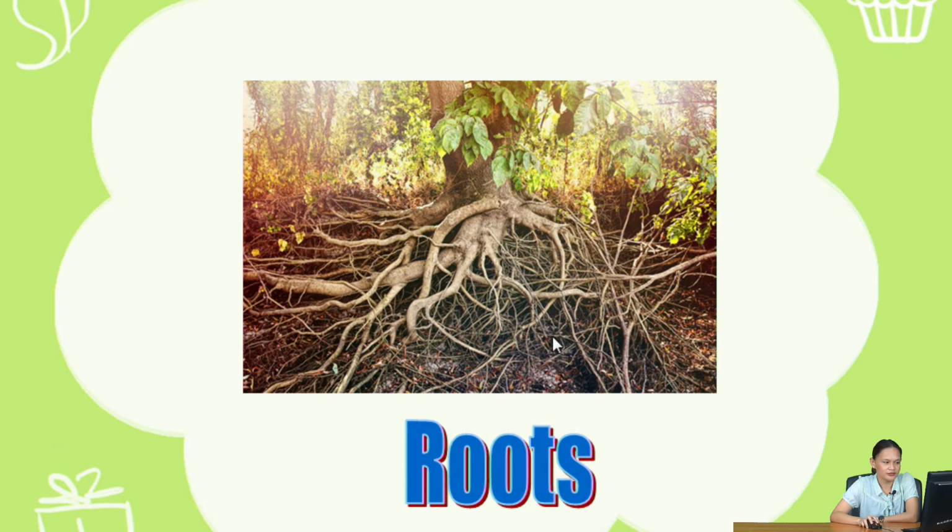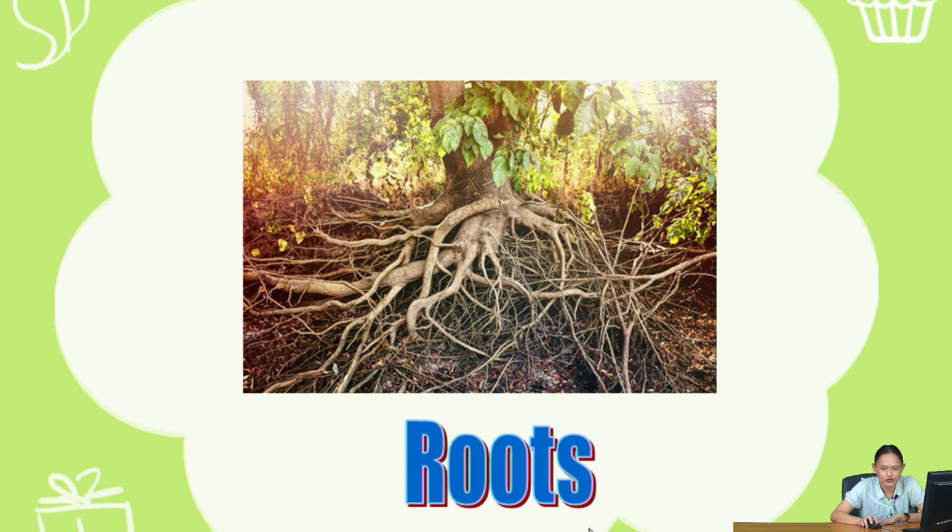This one, we have a bigger picture. So we can distinguish the differences of the parts of a tree. This is the example of roots. Roots in the lower part of a tree. R-O-O-T-S.